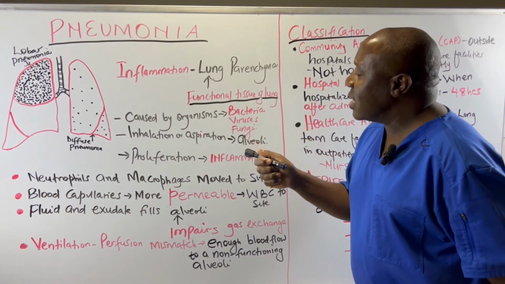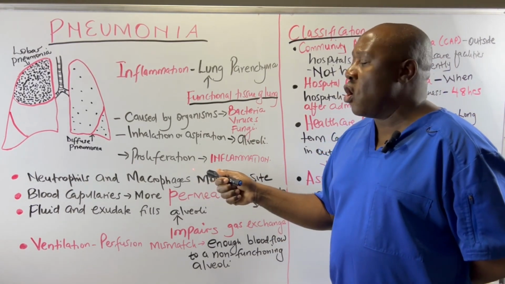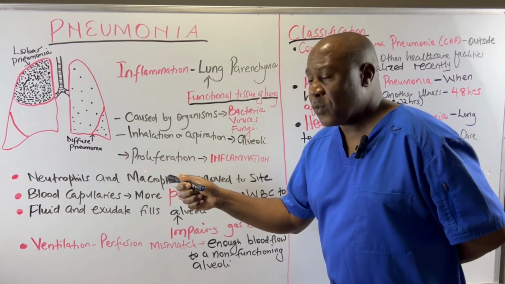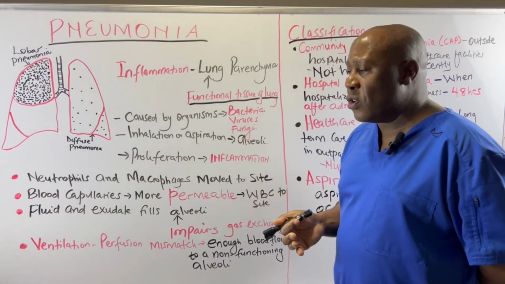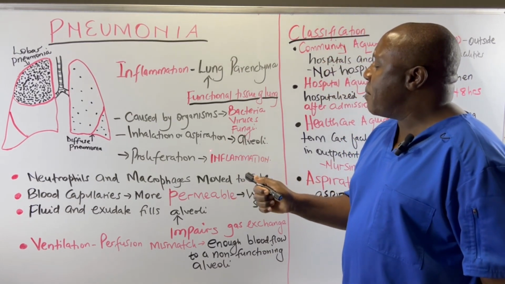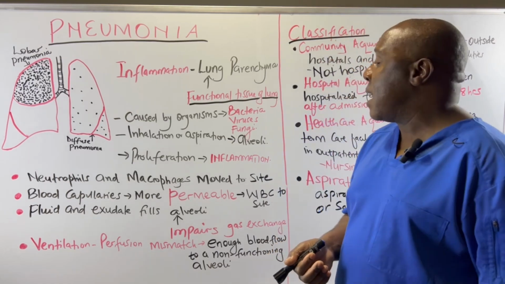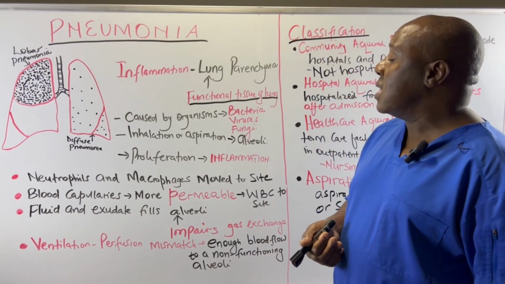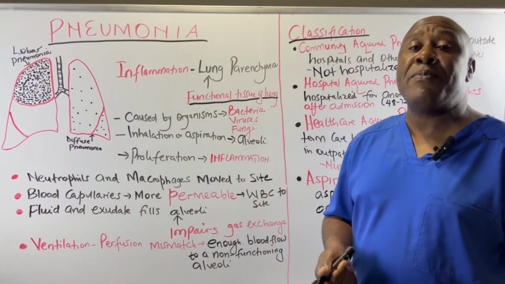When these microorganisms reach the alveoli, they begin to proliferate or multiply. And when they multiply, our immune system responds to try and kill or eliminate these microorganisms because they are not wanted in that part of our body. Remember, the lower respiratory tract is meant to be sterile.